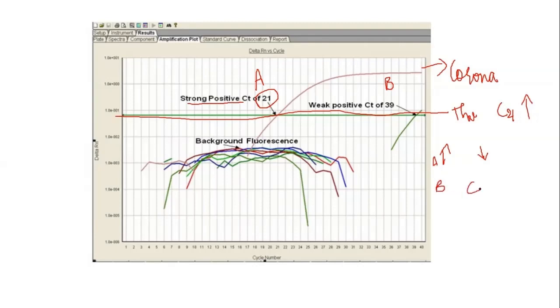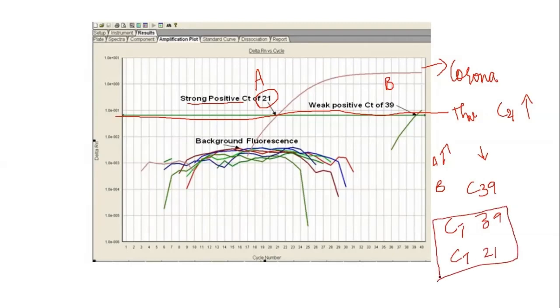you see that only at cycle number 39 is the detection of fluorescence happening. That means patient B has a very low viral load, but still has the virus. That's why you are seeing amplification at cycle 39. The CT for sample B is 39 and the CT for sample A is 21.